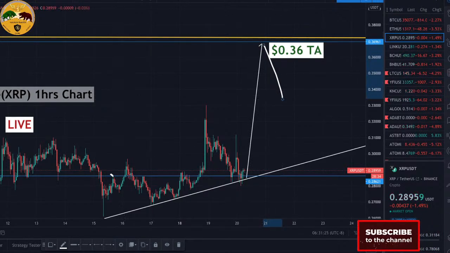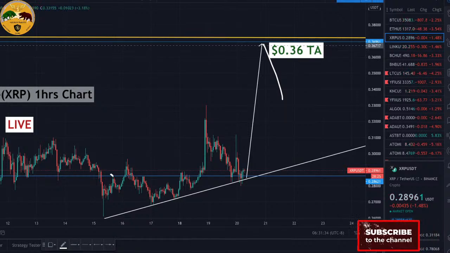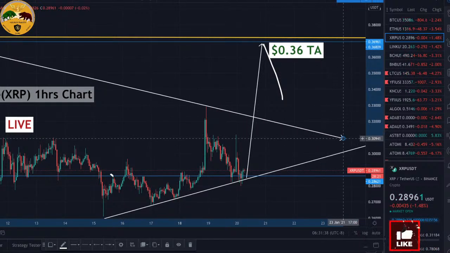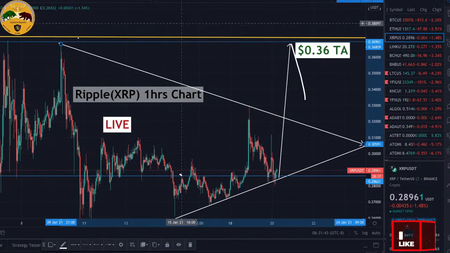So if I take my trend line and I try to connect these two highs, right? Because that's where we are going to have our retest coming to.